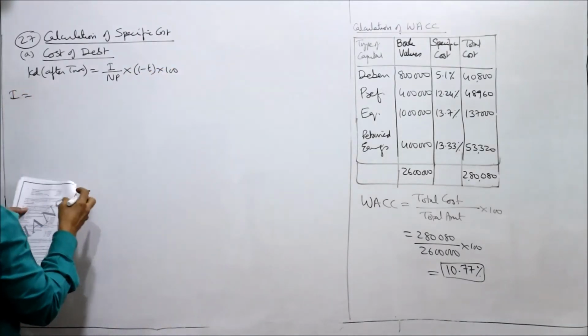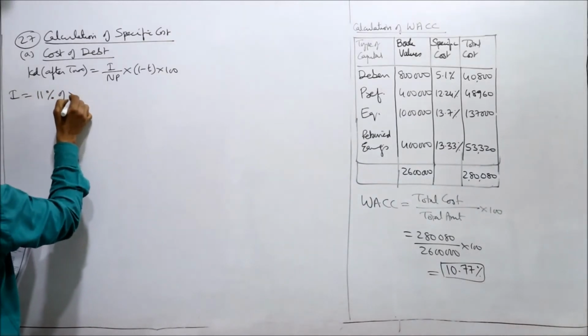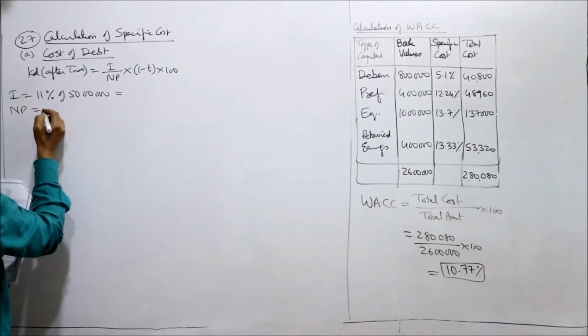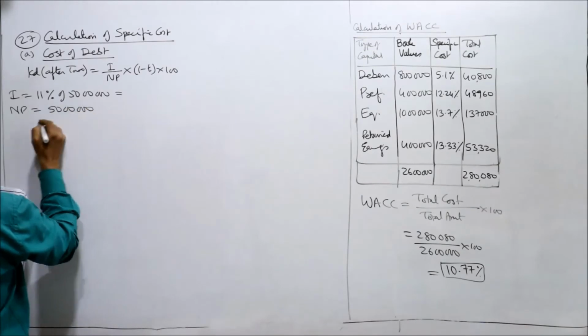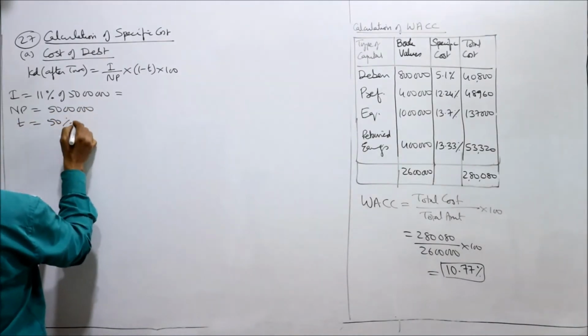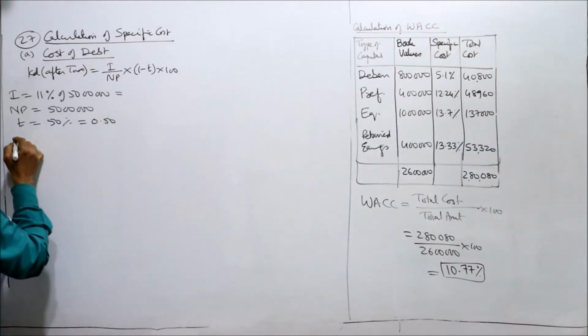I is the rate of interest, 11% of 50 lakh. NP is equal to face value, which is 50 lakh. T is equal to tax rate 50%, that is 0.5. Now we substitute.